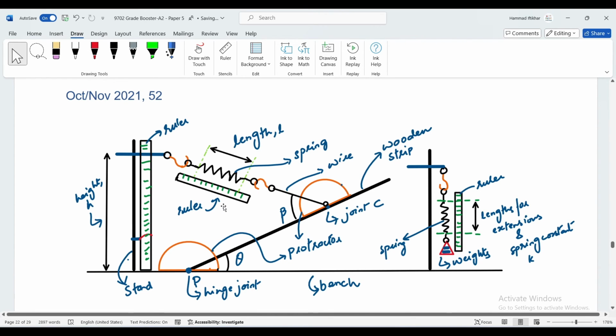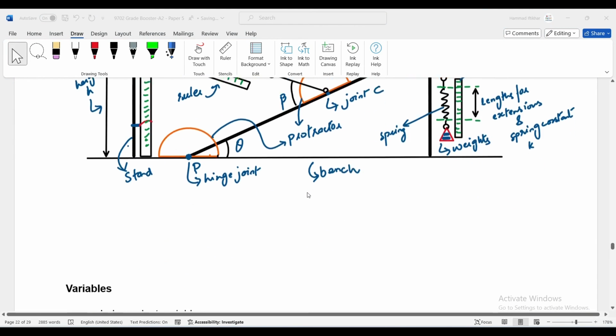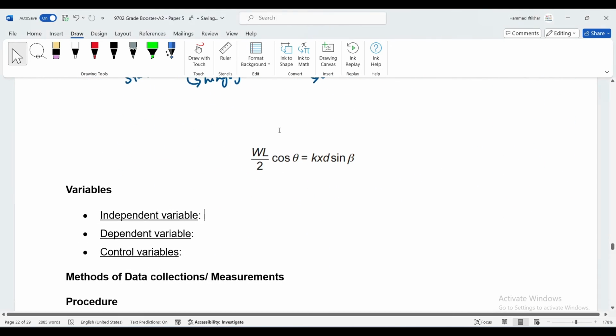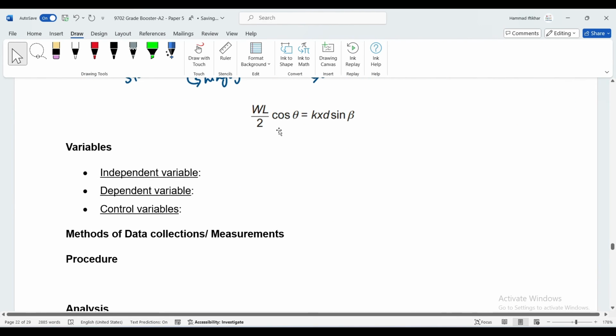However, one thing which might be forgettable is we need a way to figure out the spring constant also. So we will need another separate experiment to figure out the spring constant. All right, let's move on to defining the problem. This is our equation, which we are going to use to figure out all the variables.